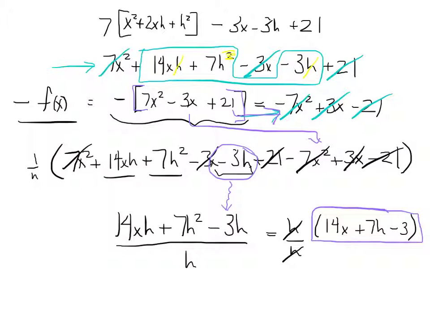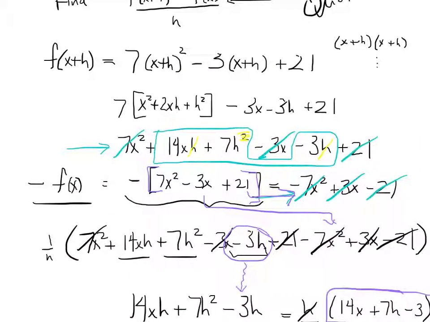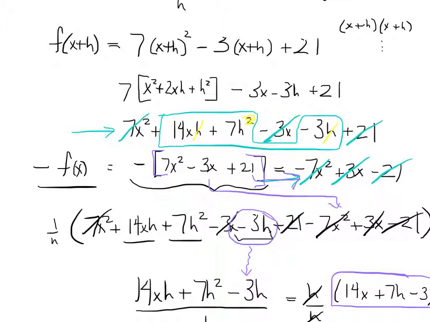I did the same thing when I did it the second time through. Another spot to be careful is, if I'm plugging in x plus h, I've got to take care to plug it in every single time.